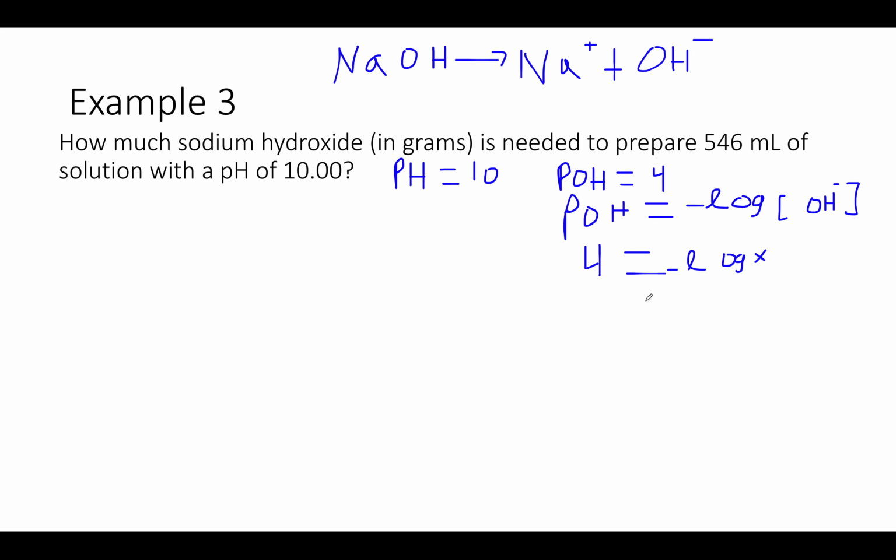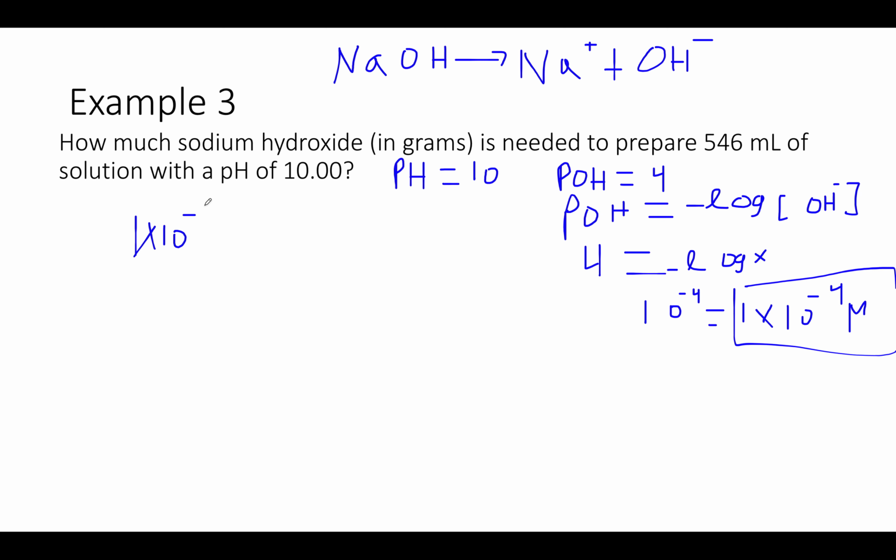Call that X. So, once again, taking the negative inverse logarithm, 10 to the negative fourth is just going to equal 1 times 10 to the negative fourth, and that's the molarity of the hydroxide ion concentration. From there, we can find how many grams of sodium hydroxide we need. If the molar concentration of hydroxide is 1 times 10 to the negative fourth, that means we need 1 times 10 to the negative fourth moles of sodium hydroxide per 1 liter of this solution.